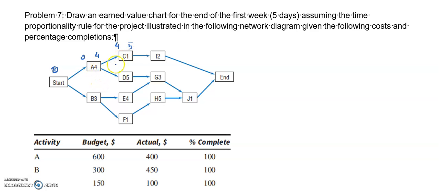These numbers are the durations of the activities, so it will be 4, and then 9, then 3, and 3 plus 4 is 7, then 5 and 7, here 9, and then 12. This one will be 4, and then 9.